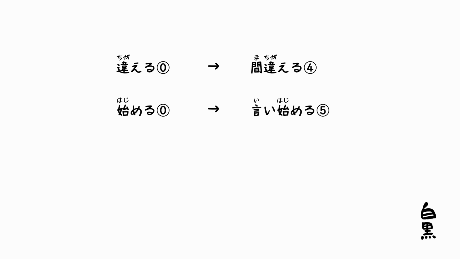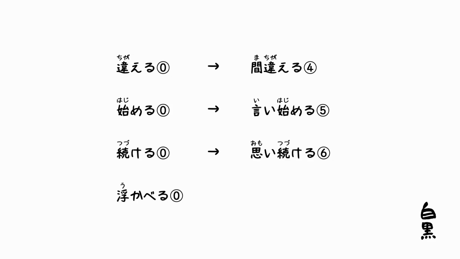Common examples include 違える becomes 間違える. 始める becomes 言い始める. 続ける becomes 思い続ける. 浮かべる becomes 思い浮かべる. Well, as you know, there are always exceptions.